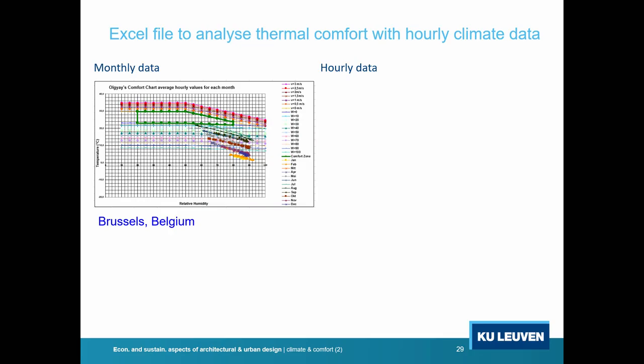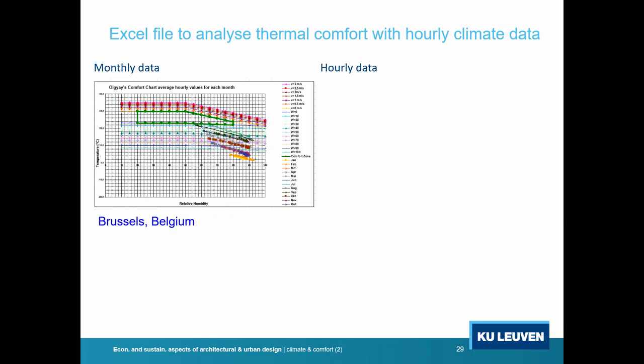I will open the Excel file, and you have two different kinds of graphical results. First, for each month, you will see a line, but each line previously consisted of three values, the minimum, the maximum, and the mean, while now it has more values. Namely, for every hour it has a value.